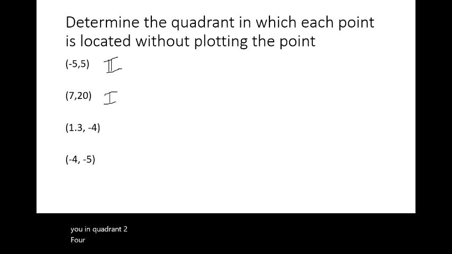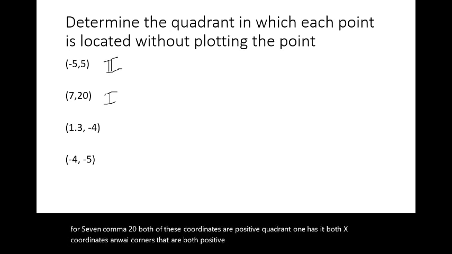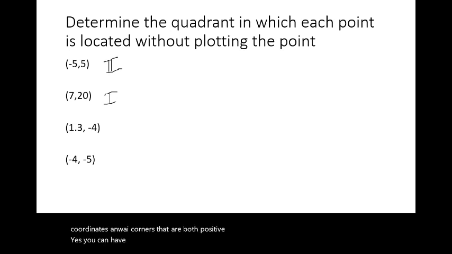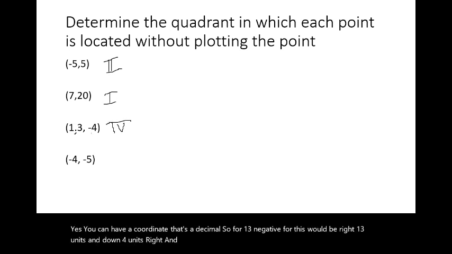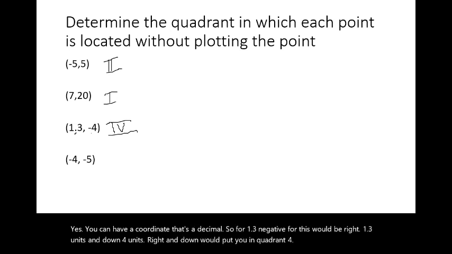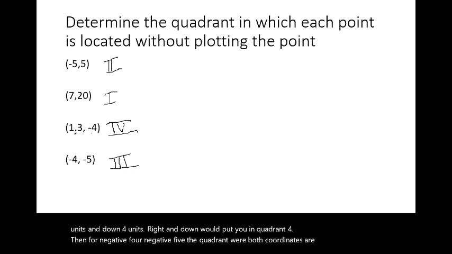Quadrant 1 has both x coordinates and y coordinates that are positive. Yes, you can have a coordinate that's a decimal. For 1.3, negative 4, this would be right 1.3 units and down 4 units. Right and down would put you in quadrant 4. Then for negative 4, negative 5, the quadrant where both coordinates are negative is quadrant 3, since this is left and down.